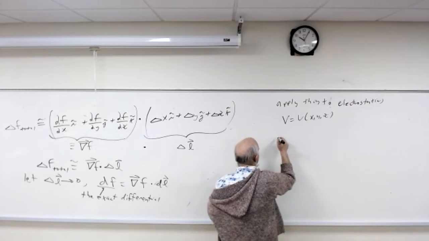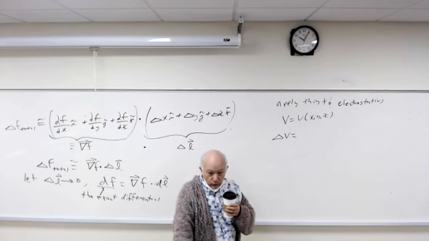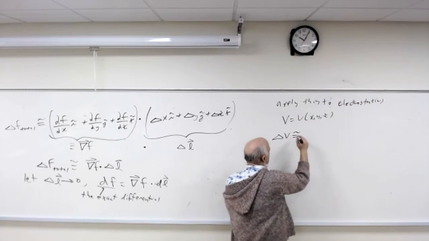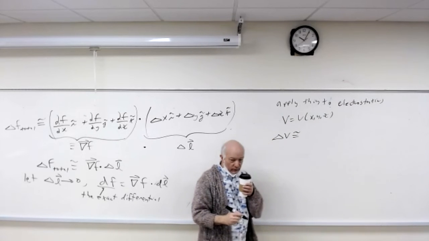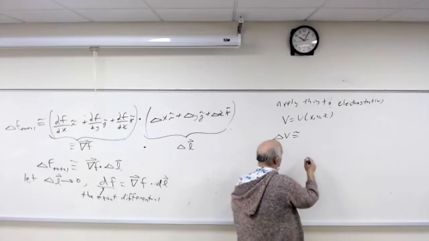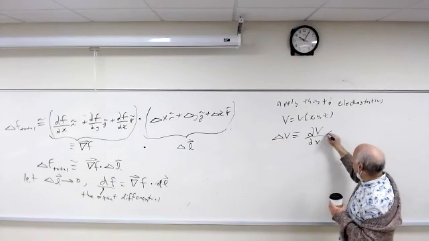So if I want the total change in voltage if I change x, y, and z, what can I say this is approximately? Delta L. Okay. So what is that going to become? Delta x i hat plus delta y j hat.